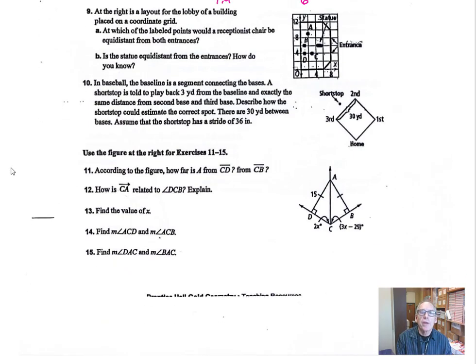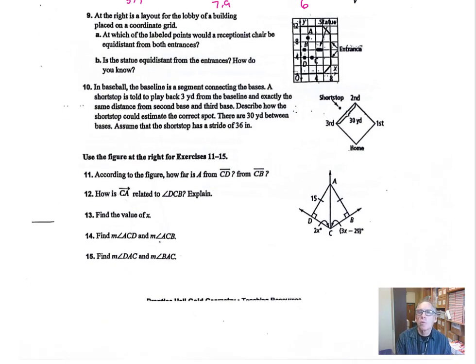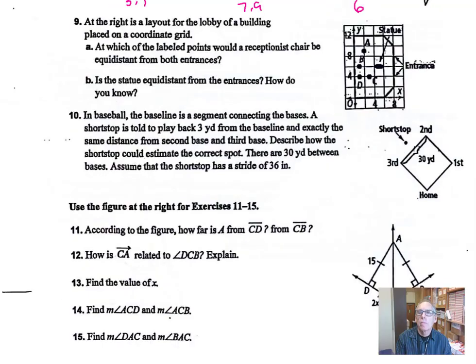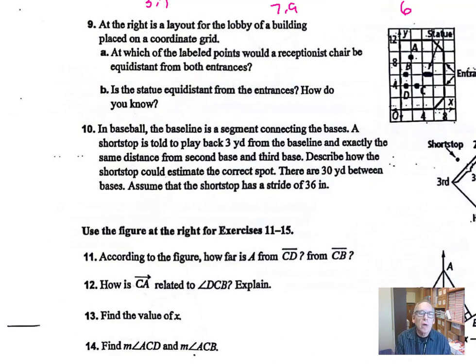Let's look at number 9. Let me blow this up a little bit. So I'm taking this as the entrance to the building. It says entrances, so I'm taking this and this to be entrances to the building. And it's asking, at which of the labeled points would a receptionist chair be equidistant from both entrances?